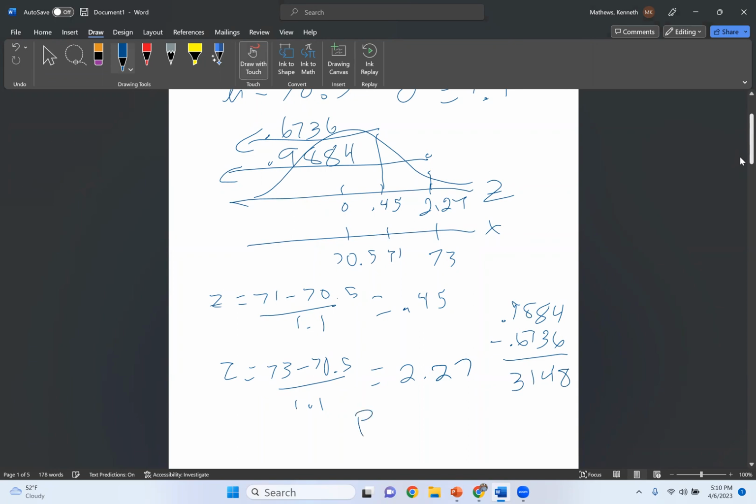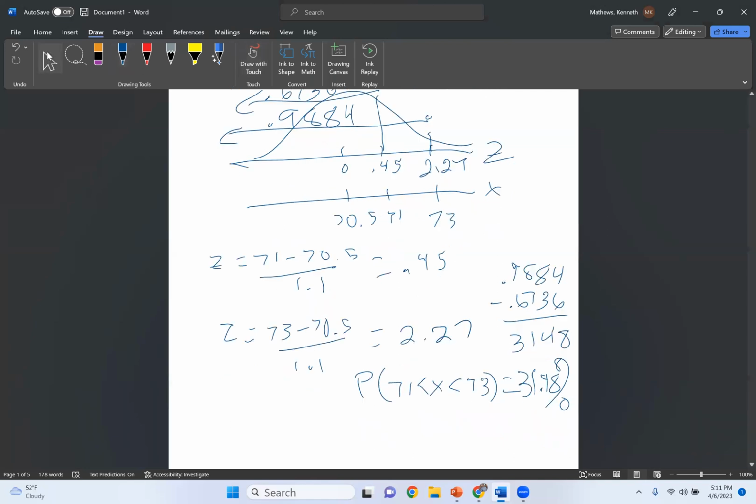So the probability that 71 is less than X, which is less than 73, equals 31.48%. Okay, good times had by all.